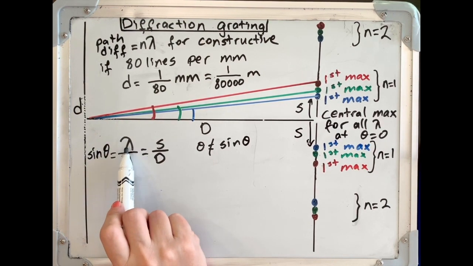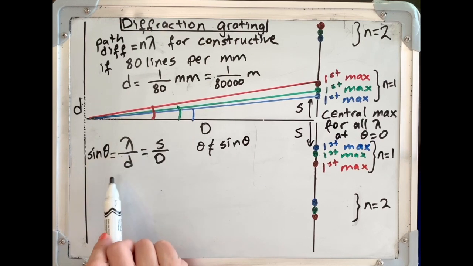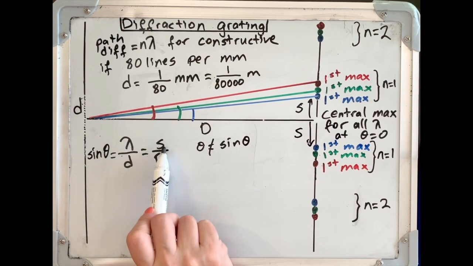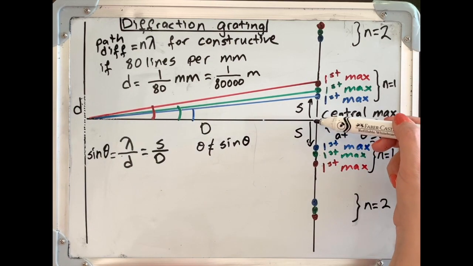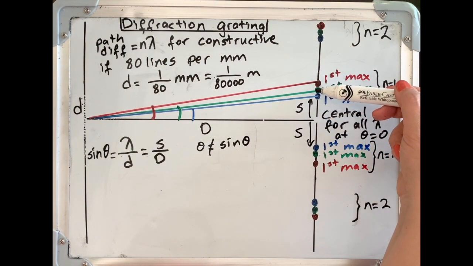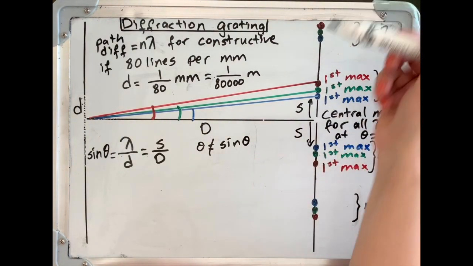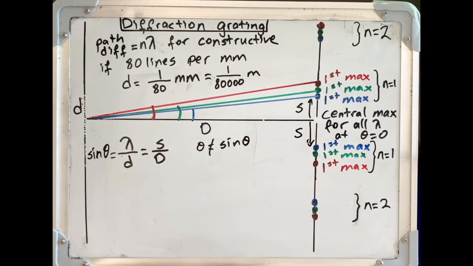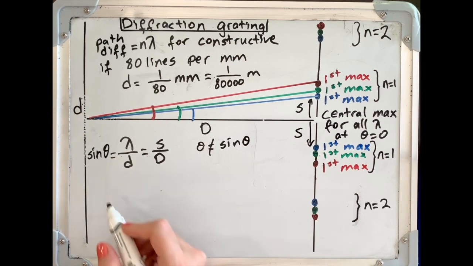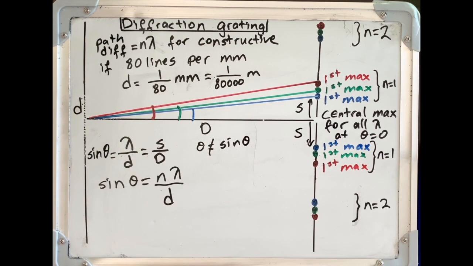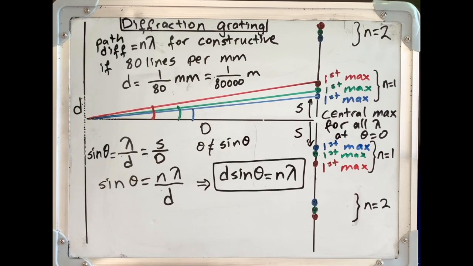For first constructive interference, this was 1 lambda, and obviously 1s because we're measuring from the center to the first. But if we generalize this in n lambda for all orders of maximum, this becomes that. And rearranging gives d sine theta equals n lambda, where d is the separation of consecutive slits.